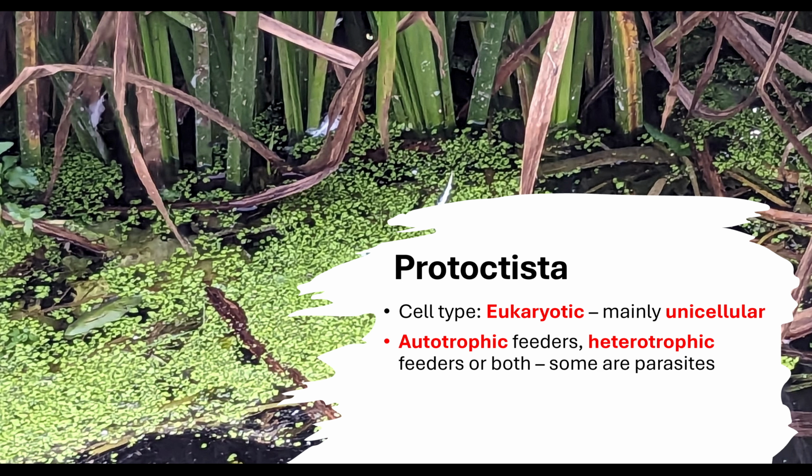Now, protoctistas can be autotrophic. Now, auto means self, trophic means the way in which they feed. So if they are an autotrophic feeder, that means that they are self-feeding, which means they're doing things like photosynthesis. So some of them could be autotrophic, which means they are self-feeding.